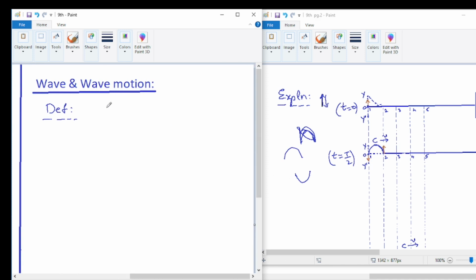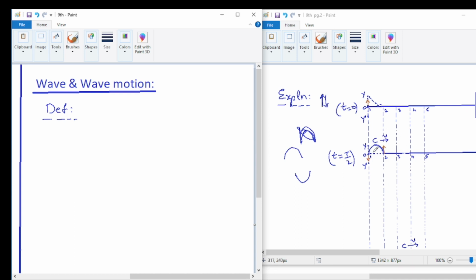This wave definition can now be easily understood by considering what happens to this disturbance, which is simply called a crest. The important thing is that once this convex disturbance is formed in the string, it immediately starts moving along the string with a definite speed or velocity.